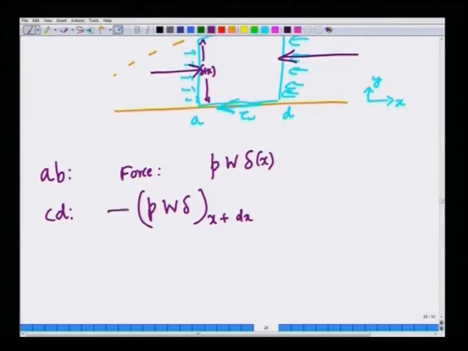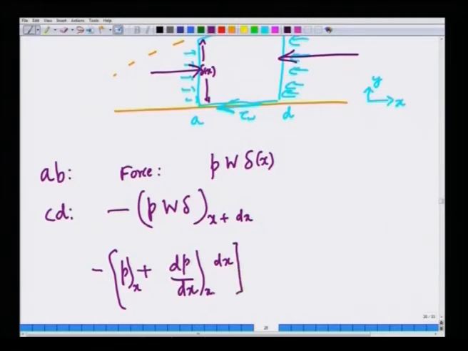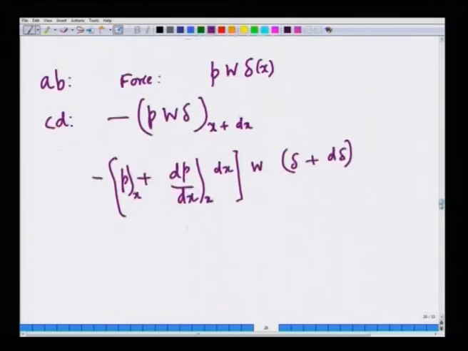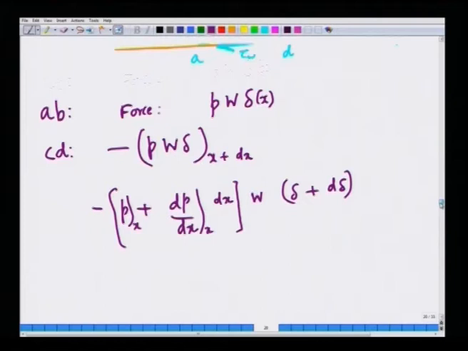This is nothing but, and minus, because the force is in the minus x direction, minus (p plus dp/dx dx) times w times (delta plus d delta), because the boundary layer thickness also will change from delta to delta plus d delta by d delta/dx times dx, which is nothing but d delta. So, that is what I am writing here. This is the force on the face CD.